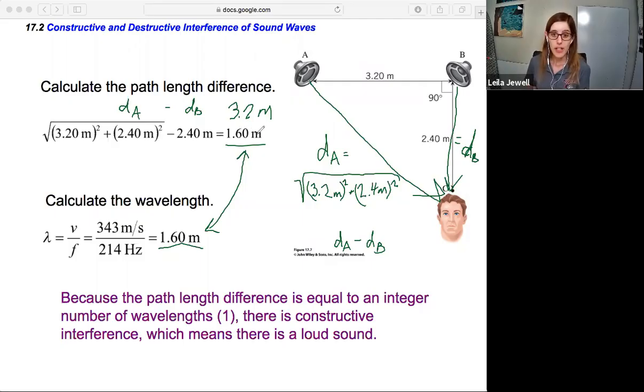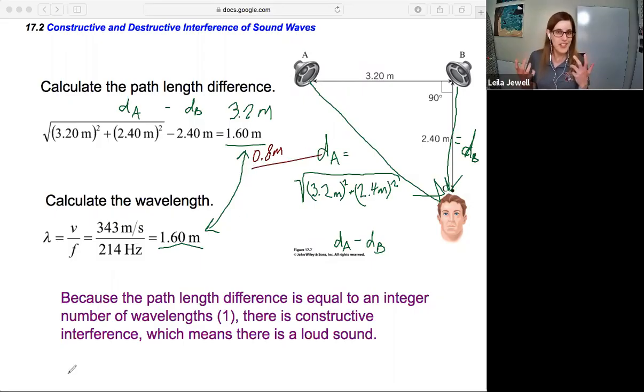If instead the path length difference was like 0.8, let's get a different color for this. If it was half of 1.6, then if we took that path length difference and divided by the wavelength, our M value would come out to 1/2. And that would give us a sign that this was actually destructive interference. There would be no sound for that.